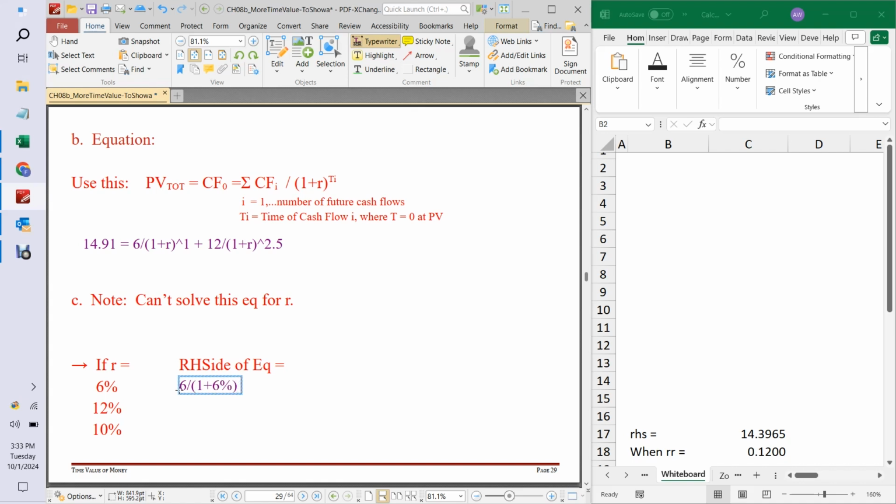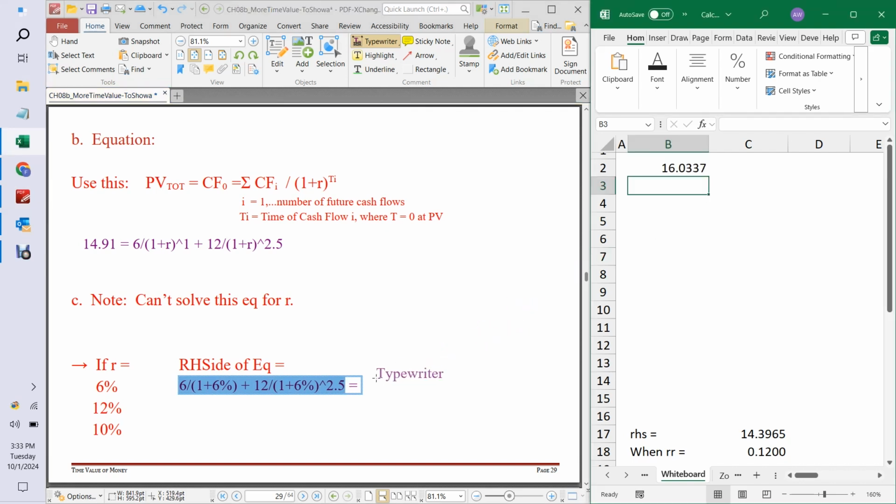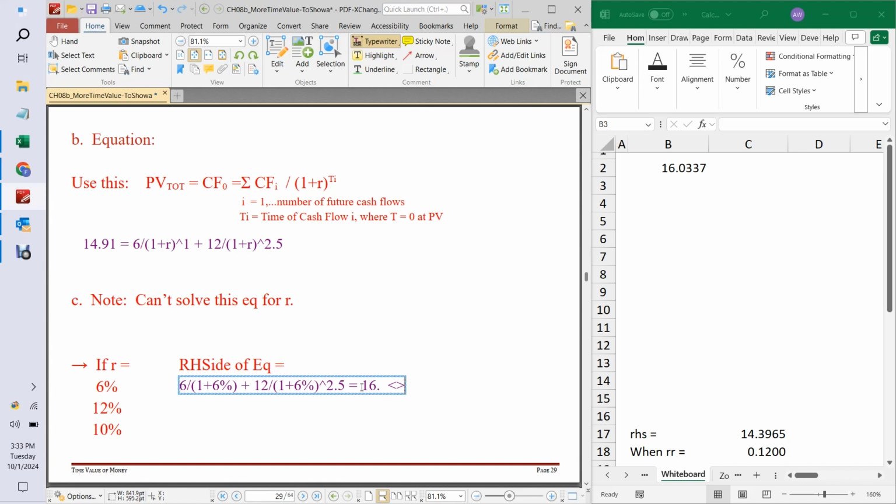And we could raise that to the 1, but we know we're doing that, so I'm not going to worry about that. Plus 12 divided by 1 plus 6% raised to the 2.5. And let's see what that turns out to be. Okay, and that's 16, so that's no good. And that's not equal to 14.91.